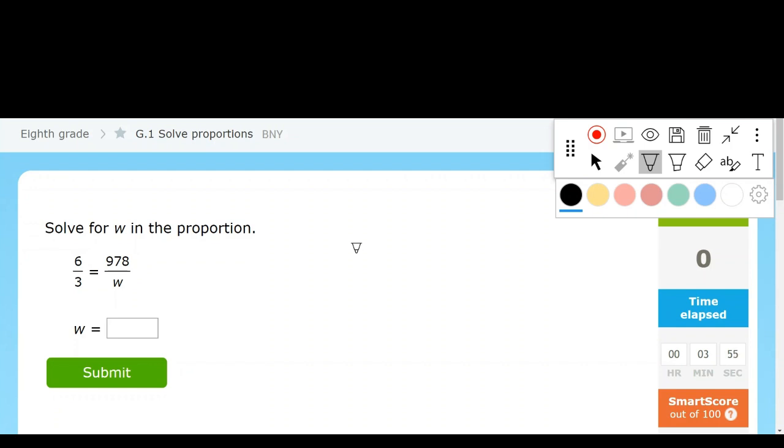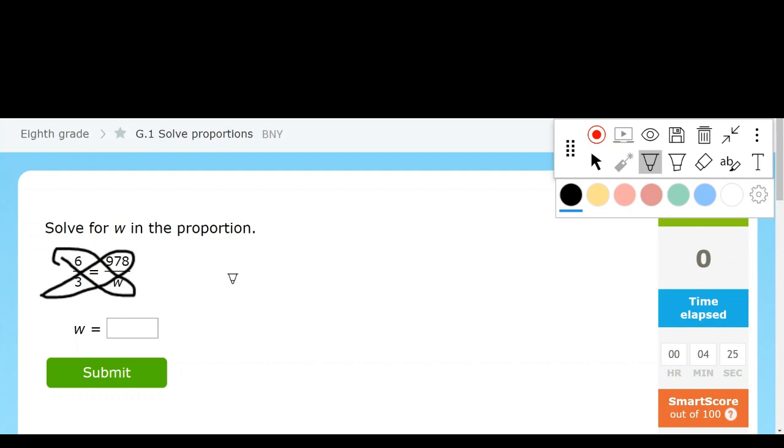Here's another problem. Again, this is a proportion. How do we know? Because we have a fraction on the left and a fraction on the right with an equal sign in between. This time we're interested in finding the value of w. So again, I'm just going to cross multiply here, draw a little cross, like an X, and multiply the numbers in the cross.